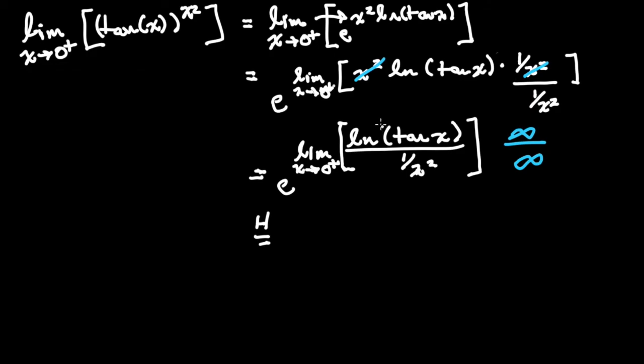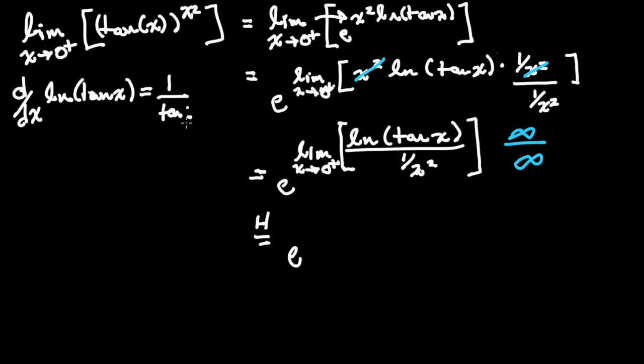So if we apply that, we take the derivative of the top, the derivative of ln tan x. What we need to do is say the derivative of the outside using our chain rule, which is 1 over tan x, and then the derivative of this tan x is secant squared x.